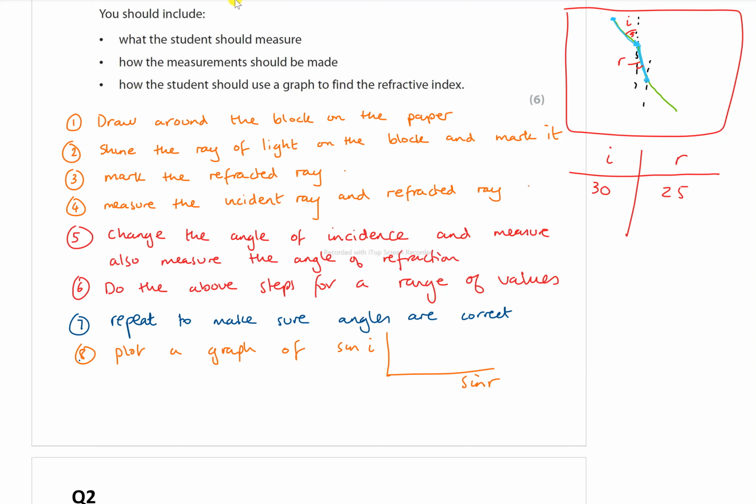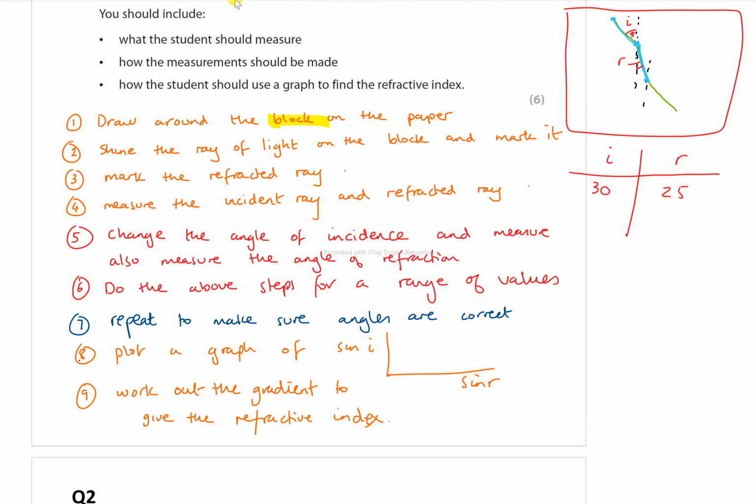That's what you plot, and then work out the gradient, to give the refractive index. Right, that's it. So if you can just figure this one out, yeah.